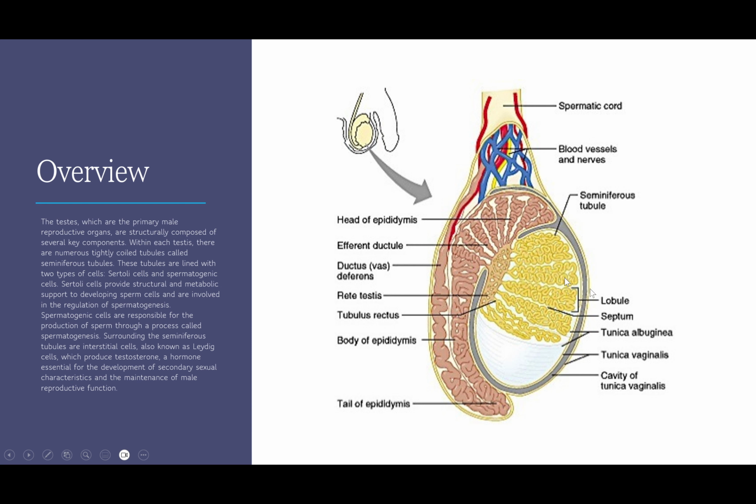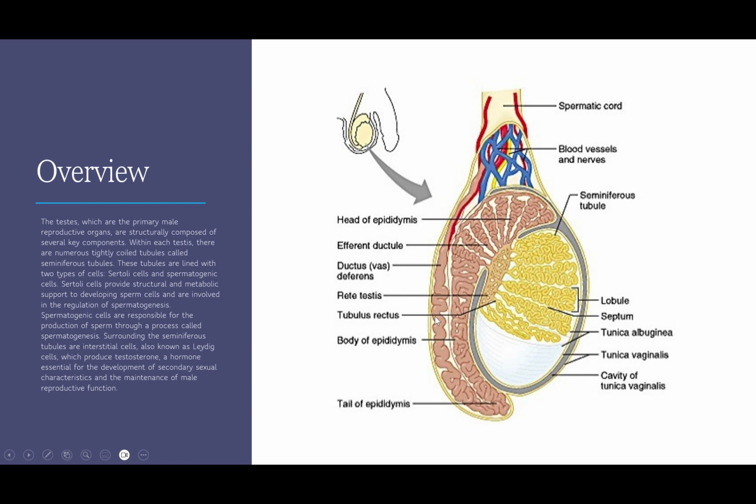So spermatogenic cells now, and Leydig cells. Hold on, there's a difference, and I'm going to explain it. Spermatogenic cells are a part of the basal layer, and they are the origin of spermatogenesis.